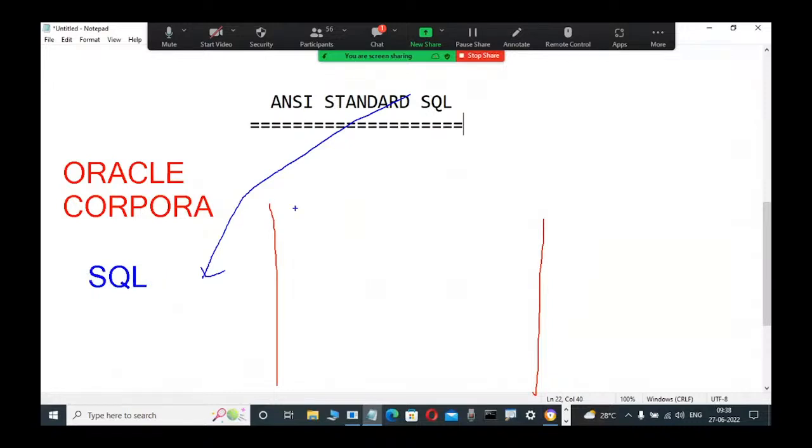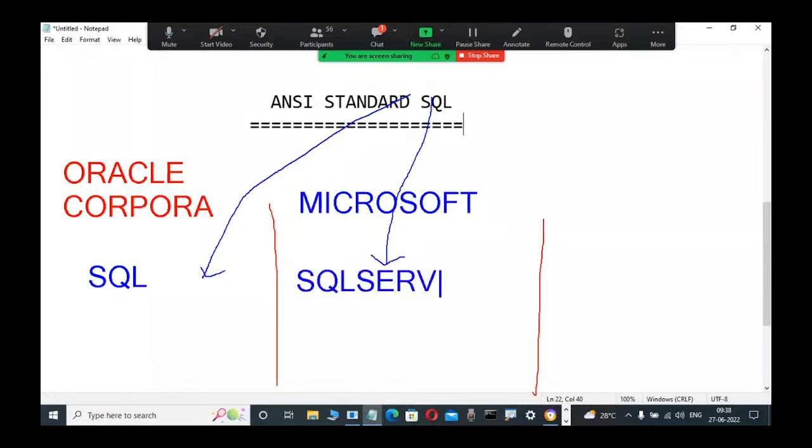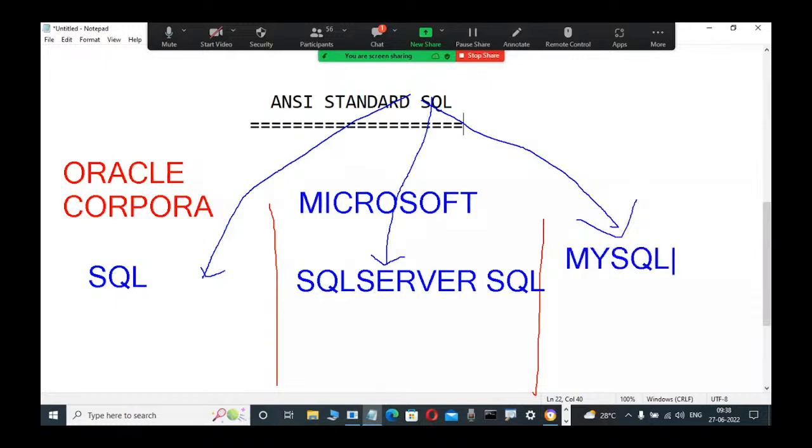Again, Microsoft company created their own SQL from this SQL language, that is SQL Server SQL. And MySQL, open source, created MySQL SQL, different.